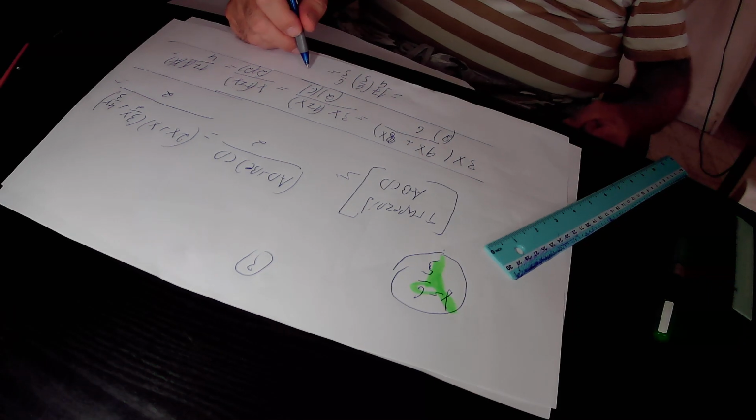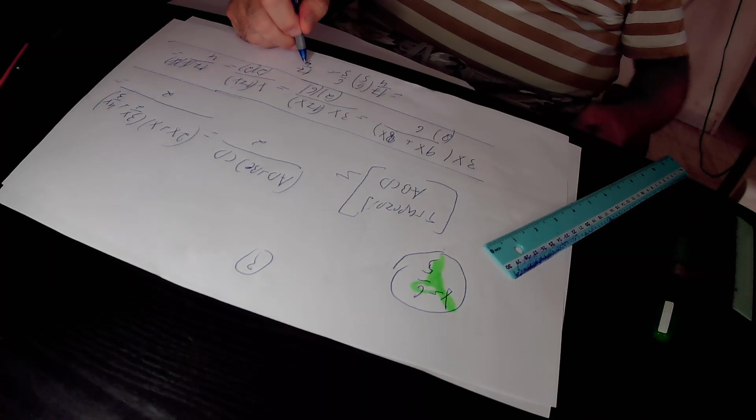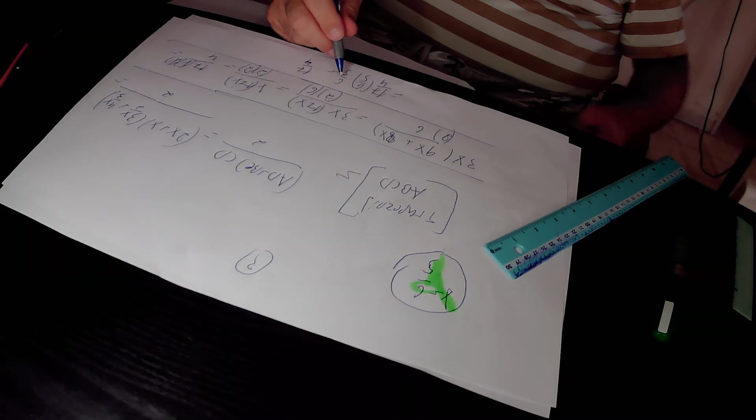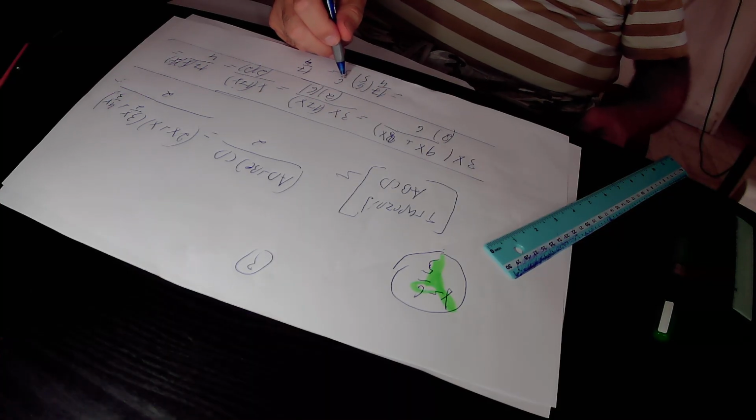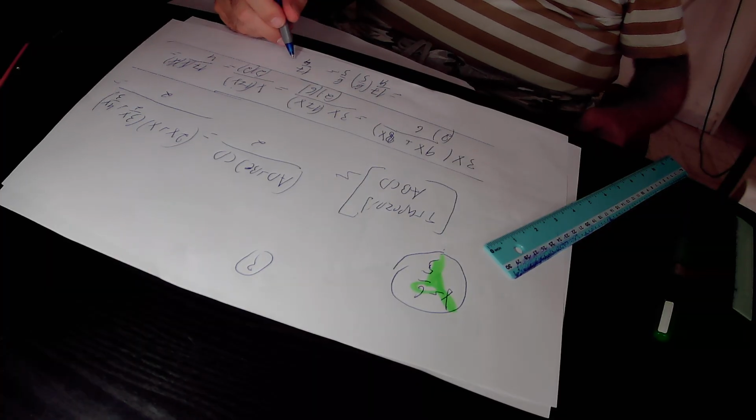So it is 17 over 4. It is 17, and we have here 6 times 6 is 36, and 36 over 4 is 9. So we substitute 6 times 6 over 4 by 9, because 6 times 6 over 4 is 9.